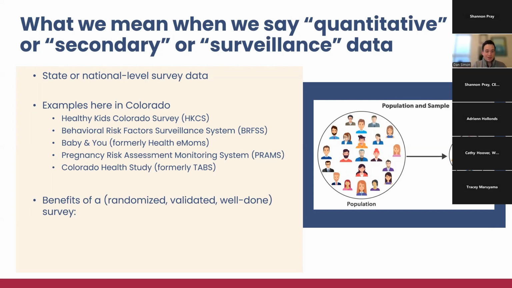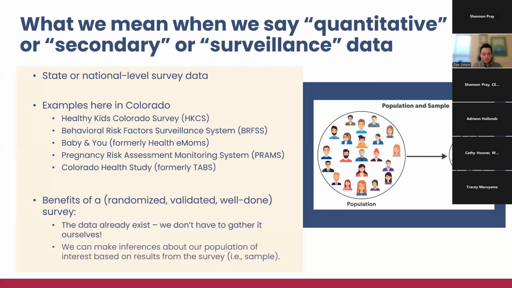So the benefits are that these data exist. They're pretty cool. We don't have to gather them ourselves. We don't need to speak to every single person in Colorado or every single person in your community to know what's going on in a given population. We can just take a sample or a small subset, and then we can make inferences to the population at large. Let's go next slide.